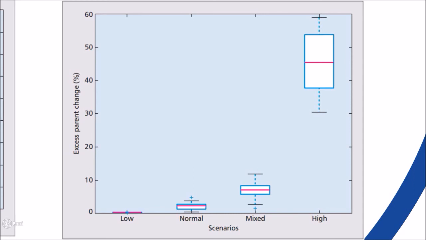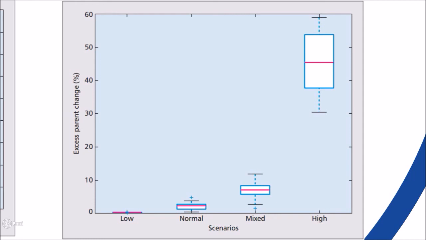But if the route is not there, and you stay in the same rank, so you don't come closer to the route or don't find a better path, then you actually didn't reach anything with your control message, and thus have an excess parent change that is not needed, and this causes even more overhead.